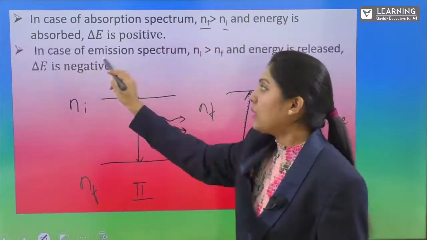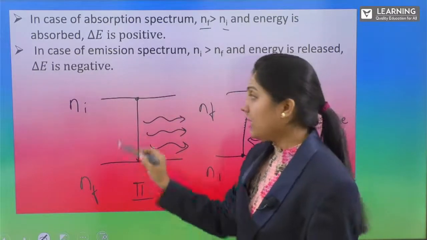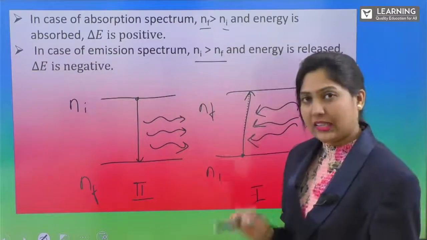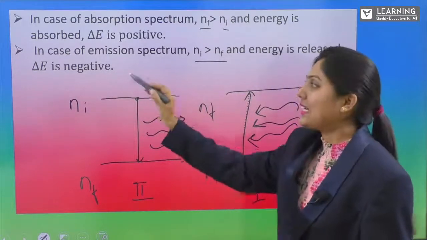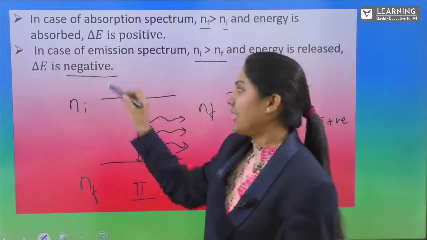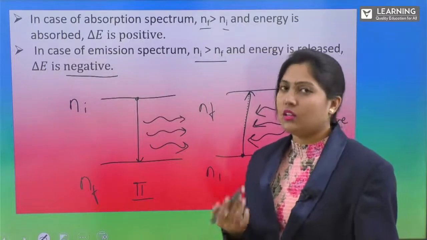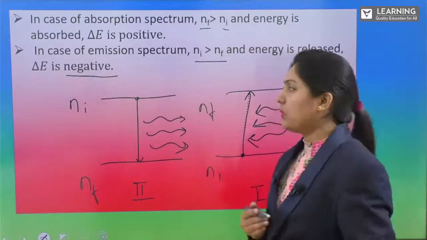Whereas for emission spectrum, NI should be greater than NF and the energy which is being emitted, or delta E, is taken as negative because we are emitting the energy. When we are losing the energy, obviously it will be negative. When we are gaining the energy, then it will be positive.